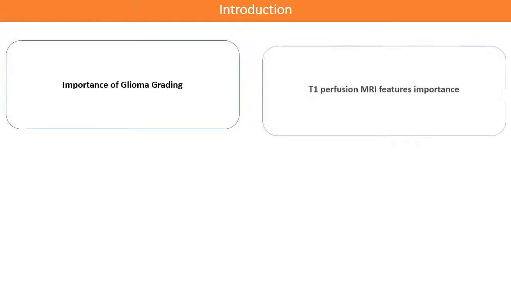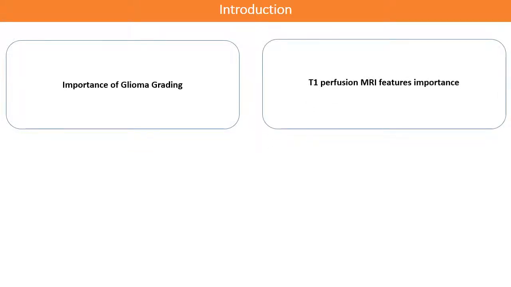There have been a number of research studies in the recent past to predict the glioma grade using different MRI techniques. T1 perfusion MRI is one such MRI technique which provides a number of parameters which are quantitative in nature. These parameters constitute hemodynamic parameters such as CBV and CBF, tracer kinetic parameters, and piecewise linear model parameters.